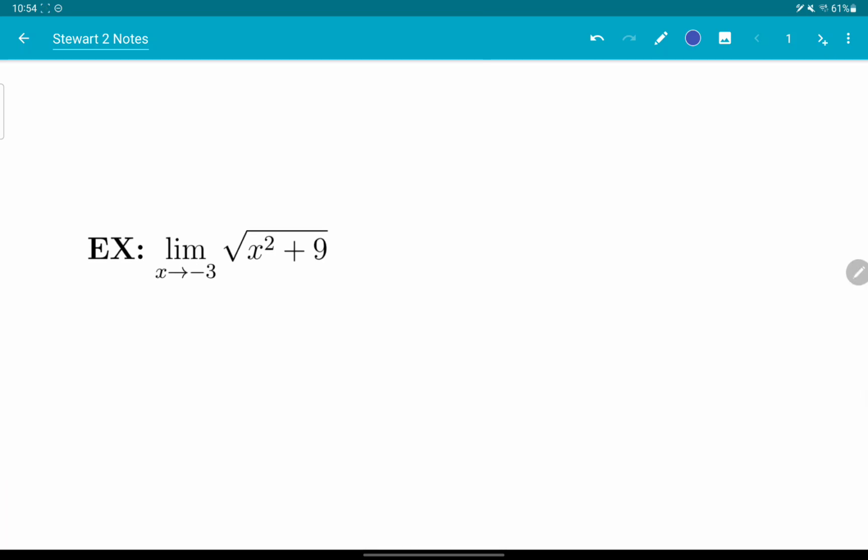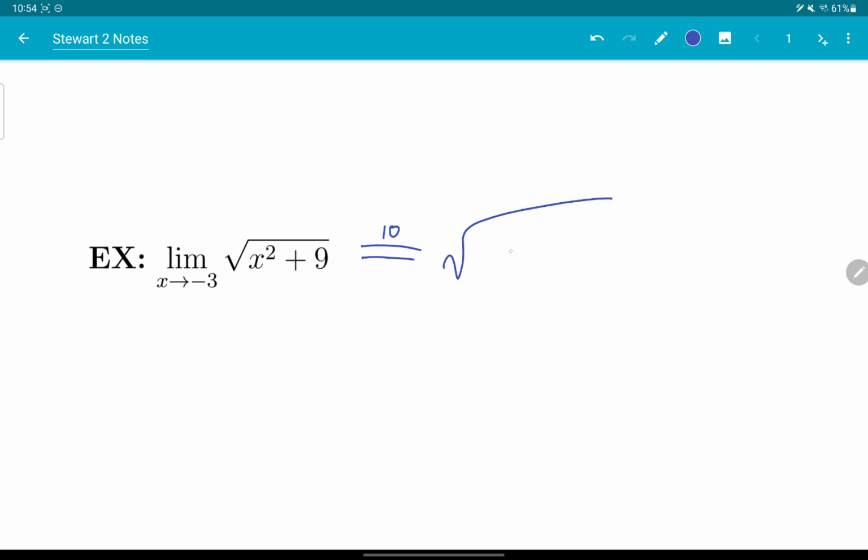How about this one? X squared plus 9. So this is going to be limit law number 10. Okay, if I have a square root, then I can just do the limit of the inside.